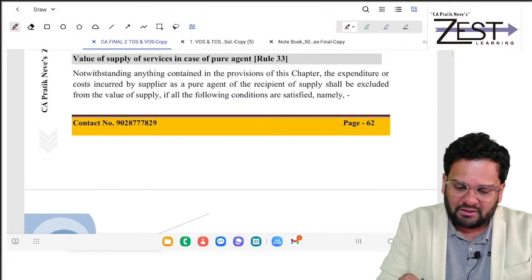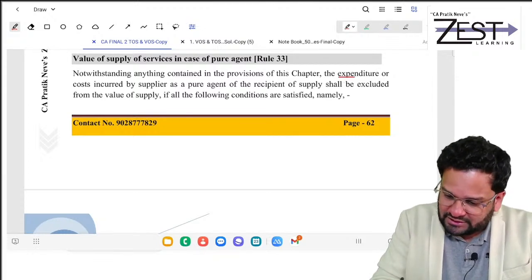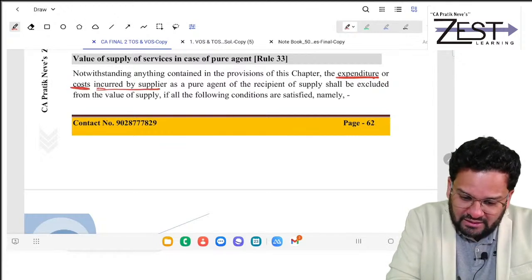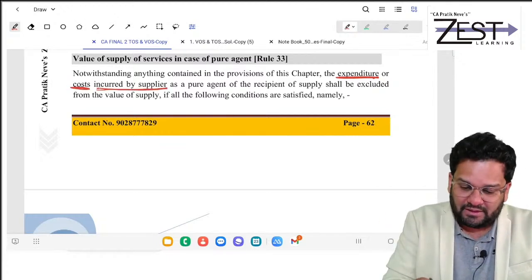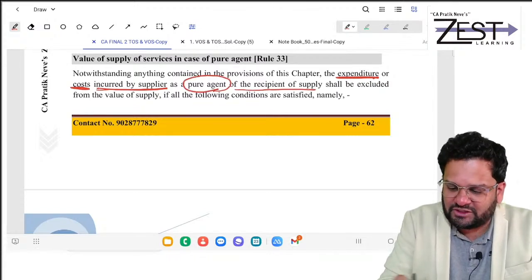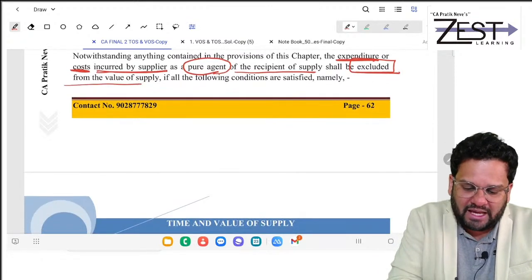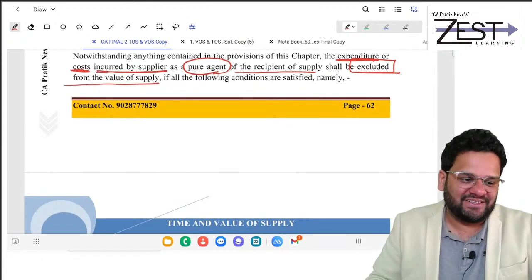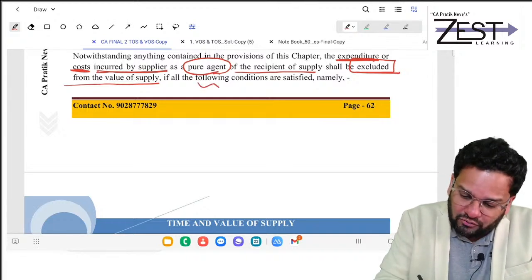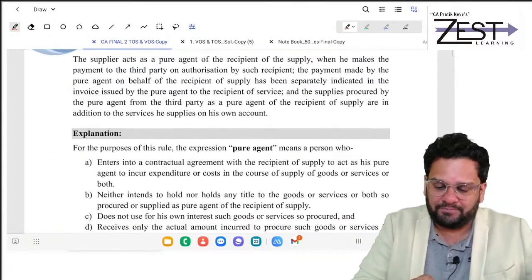Notwithstanding anything contained in the provisions of this chapter, expenditure or costs incurred by supplier as a pure agent of recipient of supply shall be excluded from the value of supply.